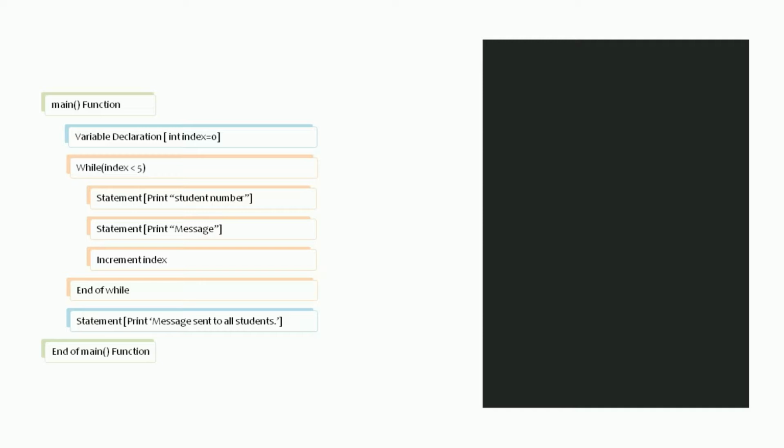We are declaring the index as 0, so the starting condition will be while 0 less than 5. The condition is true. The control gets inside, and the statement prints the student number, that is student 1, and then the message is printed, that is, C programming class will be suspended.